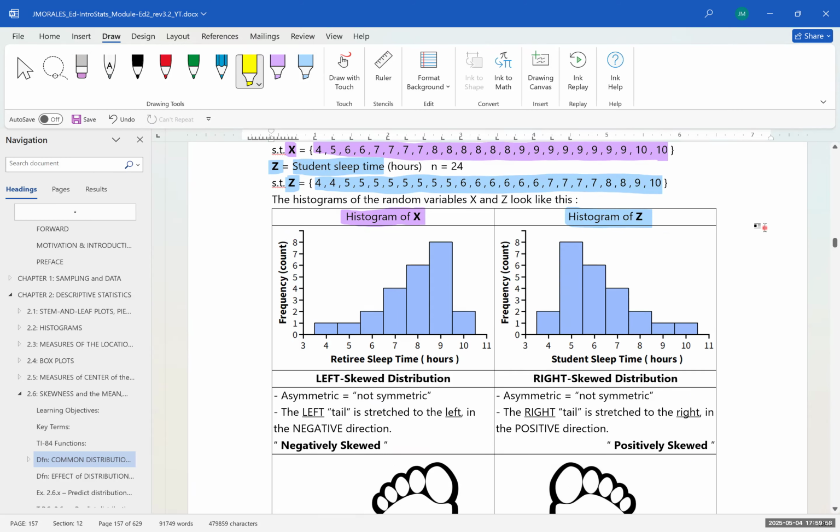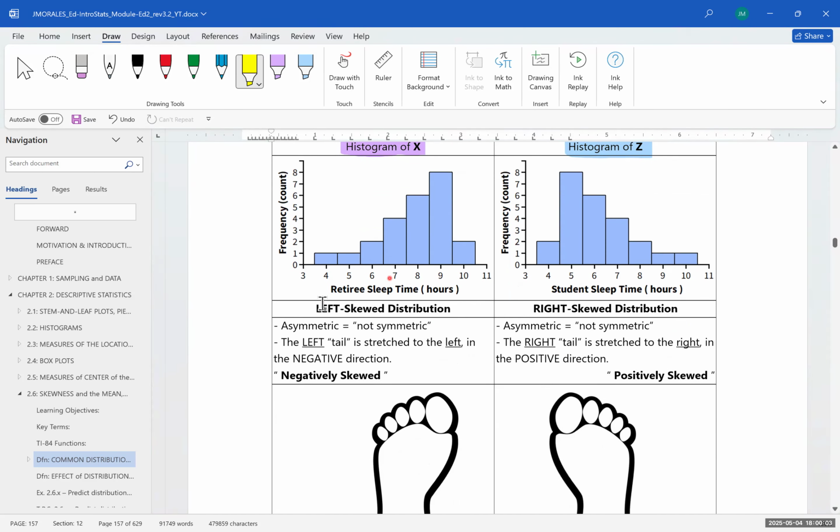Now, the one on the left is called left skewed. If it helps you, you can think of a skewed distribution like this as being similar to your left foot. You've got the little baby toe on the left edge, and it goes up to the big toe and then comes down right away.